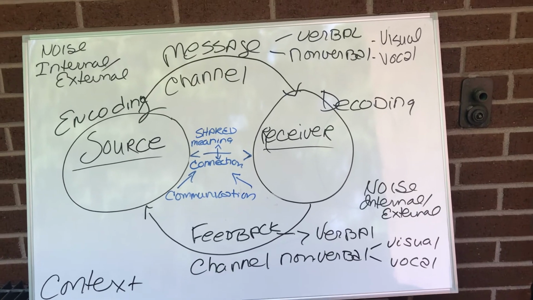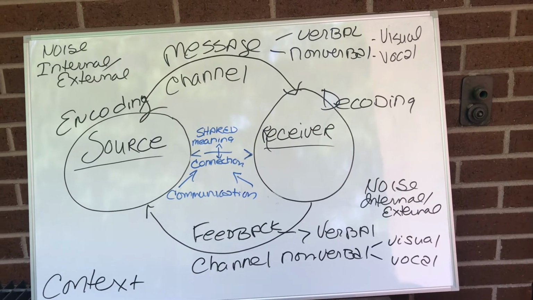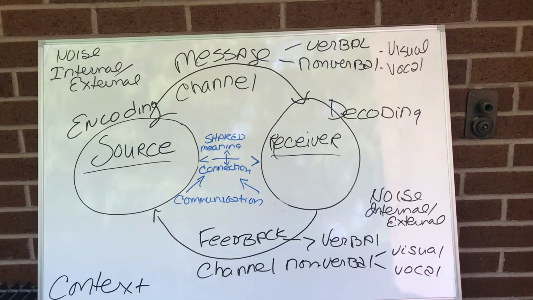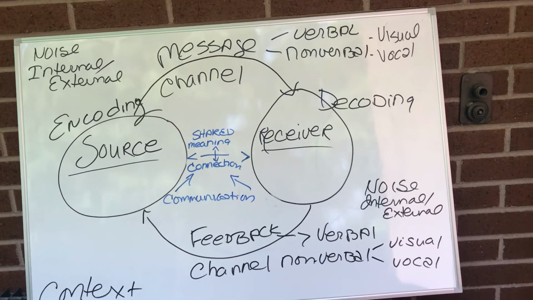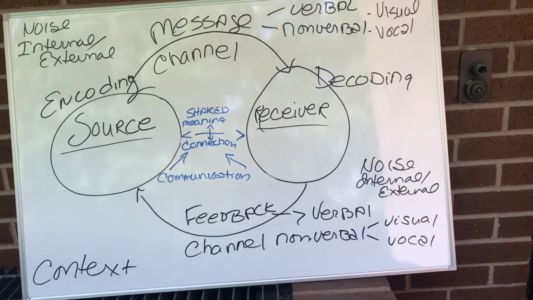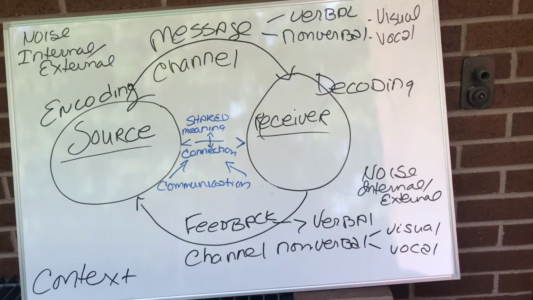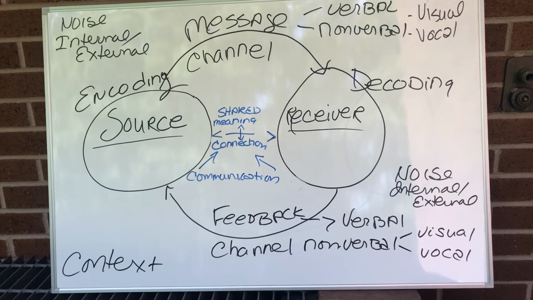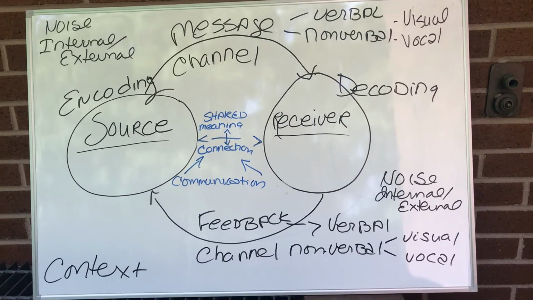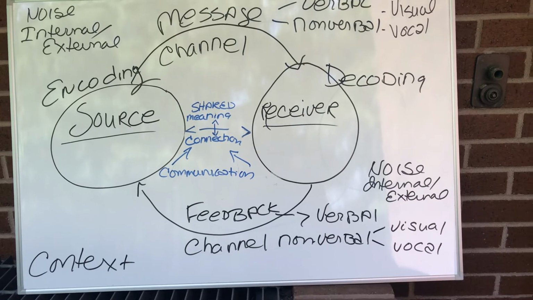Now, how this changes for interpersonal, as you will see in the link that I provide after this video, is that the source and the receiver on both sides are the same one. So you will see that in interpersonal, it's not turn taking like this, like my turn, your turn.